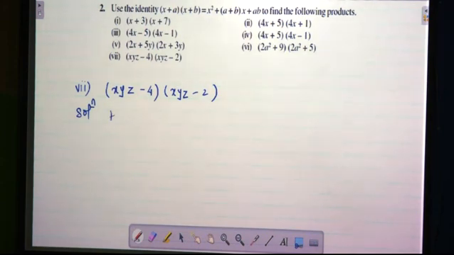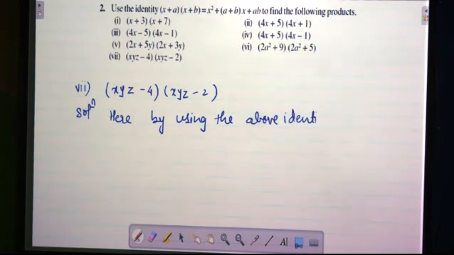Here, by using the above identity, the value of x is xyz, value of a is minus 4, value of b is minus 2.